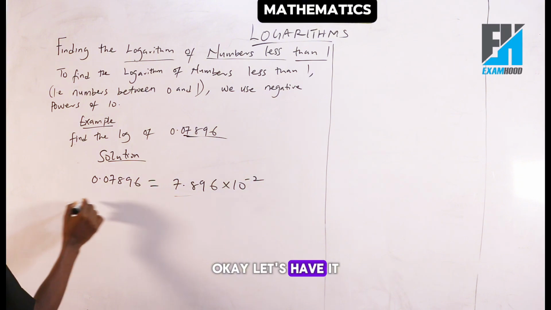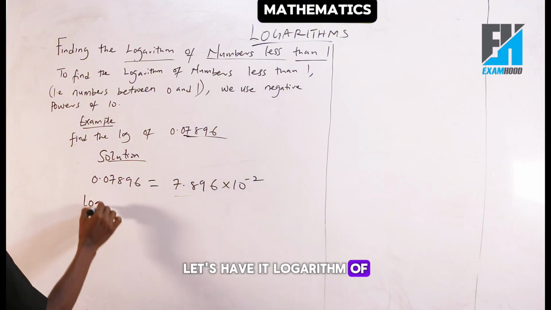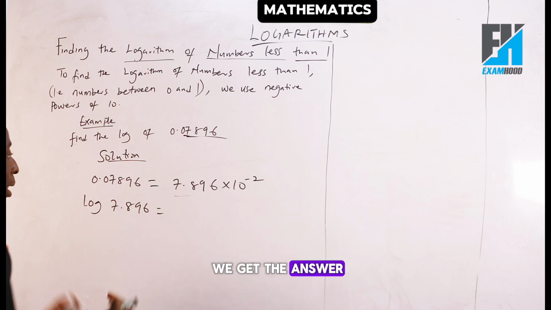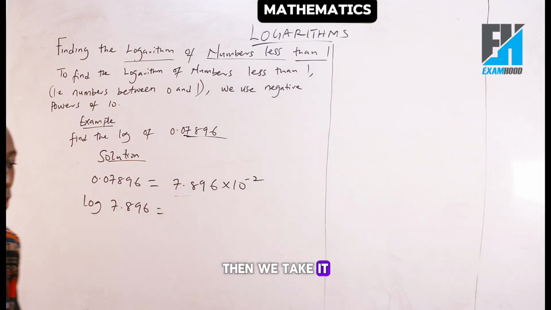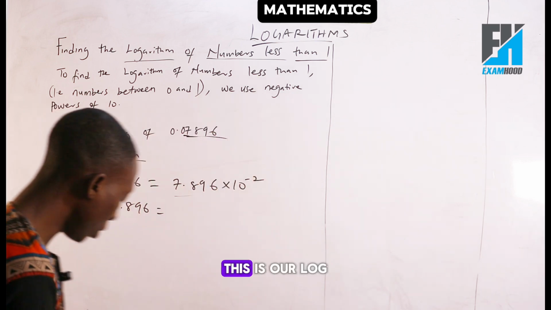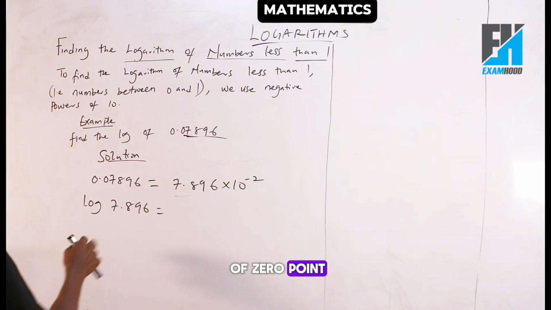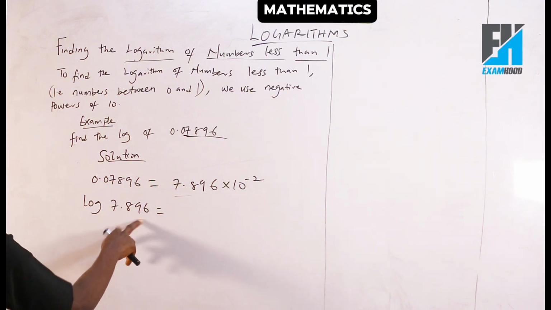Let's have it: logarithm of 7.896 equals what? We get the answer, then we take it to this. This is our logarithm table for that. We have log of 7.896.